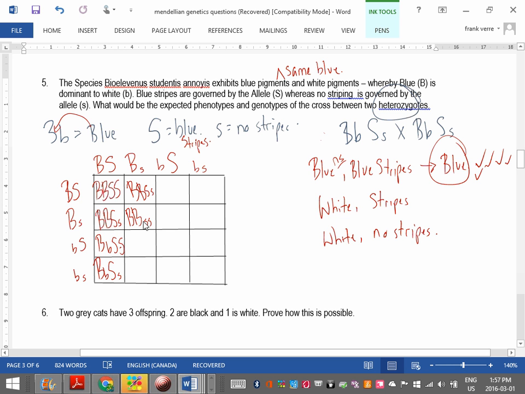What's this? What about this one? Sorry, big S, little s? Or just blue? What about this one? They're just going to look what? Blue. So far, they all look blue, right? Okay. What about this one?